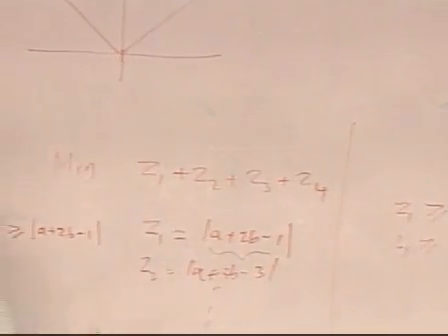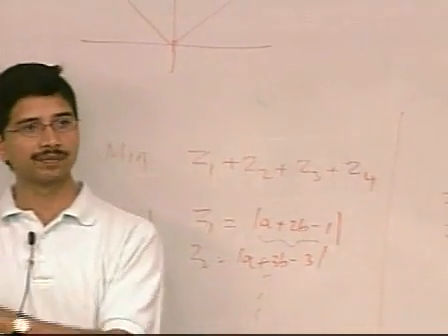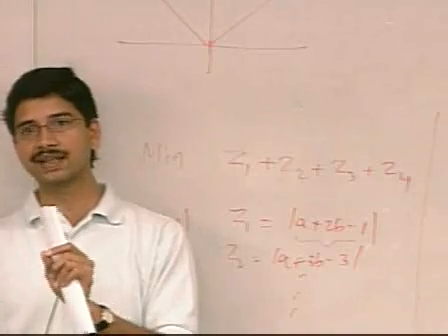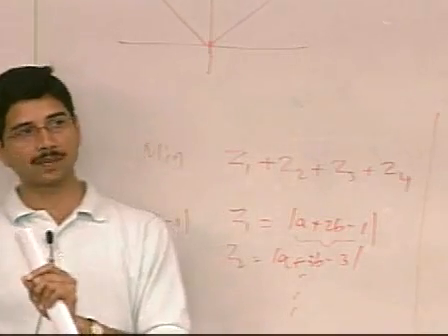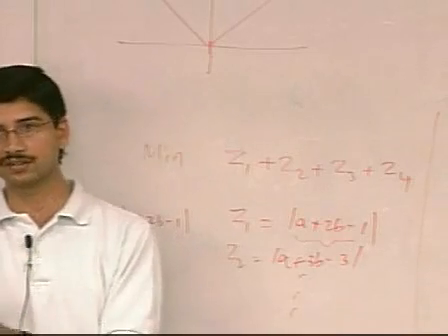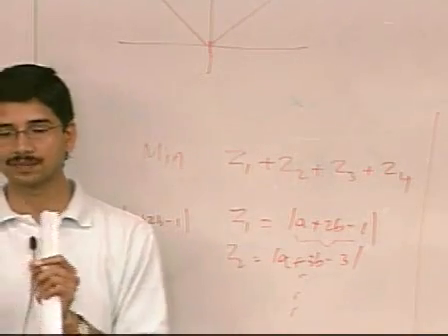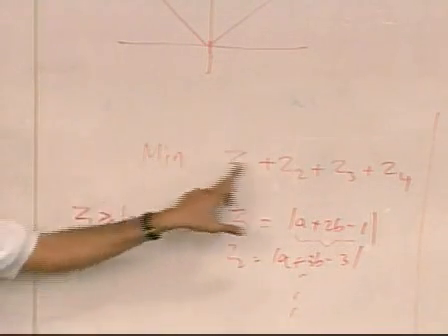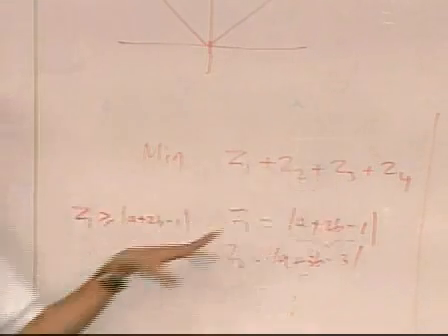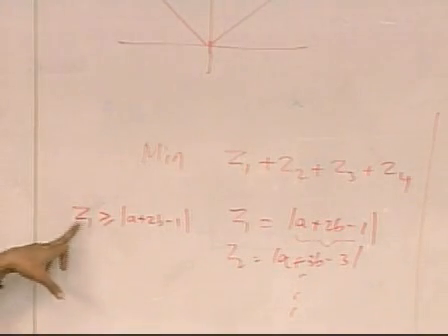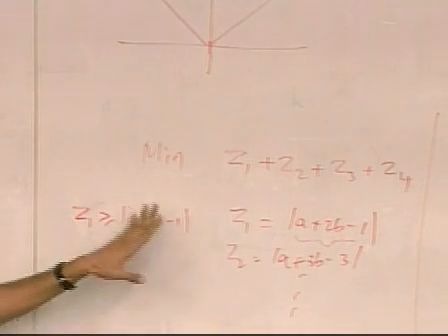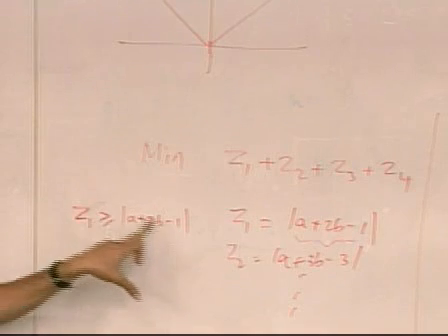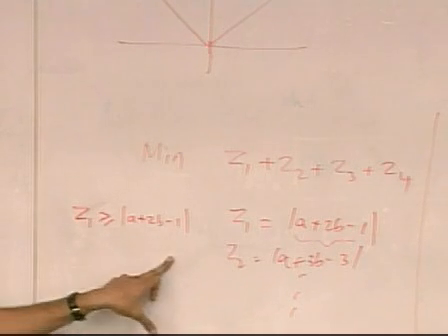It's exactly like in the wrong formulation of the staffing problem, where we made an observation that if xi has to be bigger than or equal to di, and you're minimizing the sum of all the xi's, each xi will be set equal to the di. If you think back to that, that's exactly the same principle. If you want to minimize the sum z1, z2, z3, z4, and you have a constraint that says z1 is at least this, z2 is at least this, and so on, in an optimal solution, z1 would be set exactly equal to this, z2 would be set exactly equal to this.